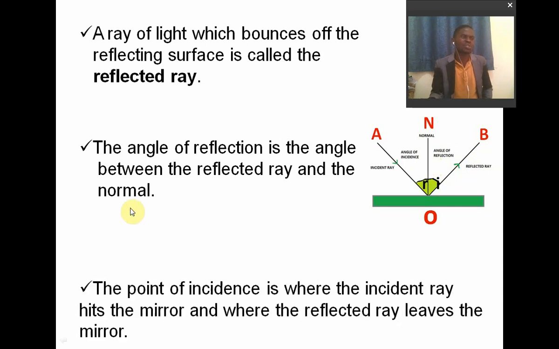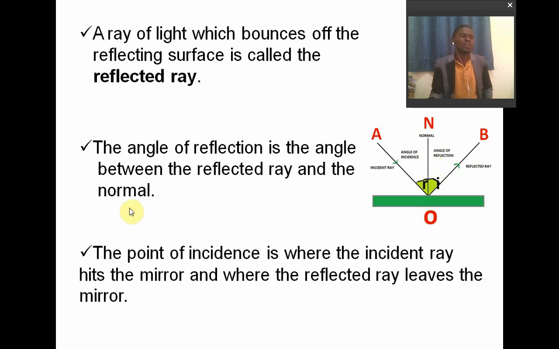Let's continue. The point of incidence is where the incident ray hits the mirror and where the reflected ray leaves the mirror. So when you hear me talking about the point of incidence, I mean this point here, where the incident ray hits the mirror and where the reflected ray leaves the mirror.